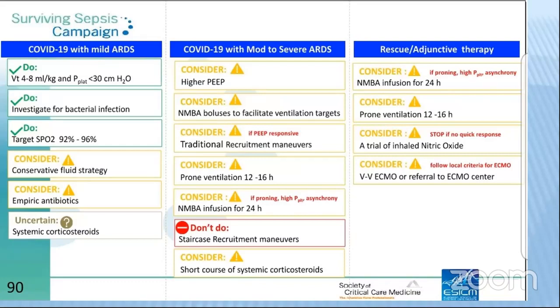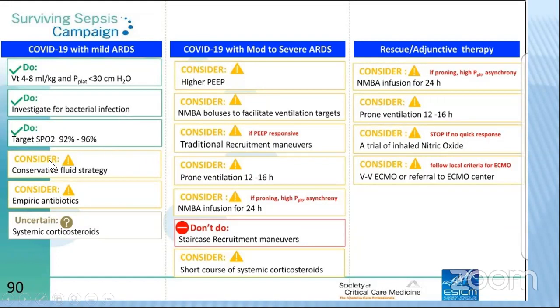Then this will be a summary for the management of COVID-19 with ARDS. If the patient has mild ARDS, we should apply low tidal volume, 4 to 8 ml per kg, then plateau pressure less than 30. If you consider the patient is not improving, think about bacterial infection and add empiric antibiotics, keeping your target saturation 90 to 96.